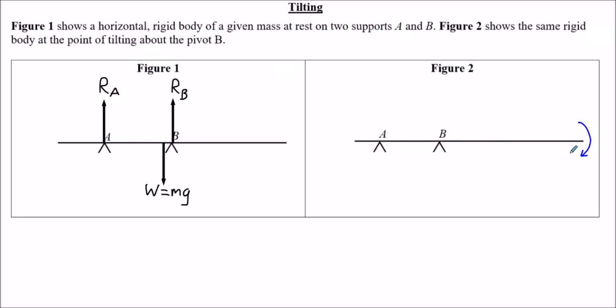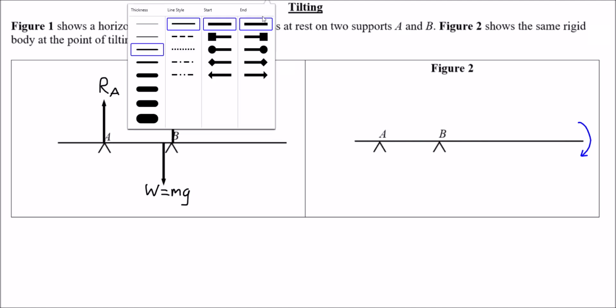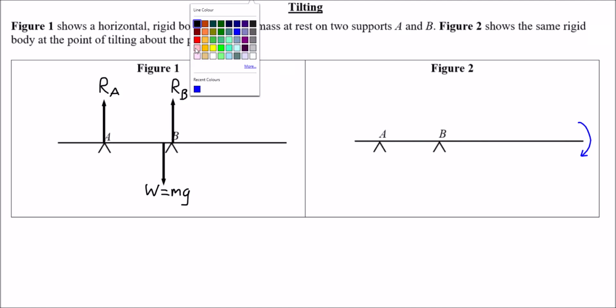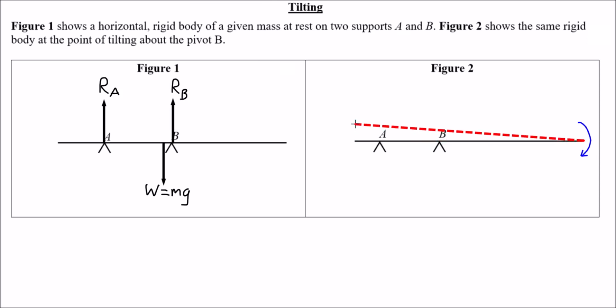At this crucial point where it's about to tilt, the side of the bar here at A would be at the point of leaving A. So we'd have this sort of scenario here where it'd be on the verge of going up like this, but obviously not quite doing so. If it were to tilt, it'd be lifting up like so.